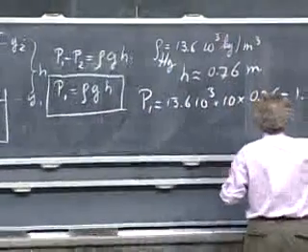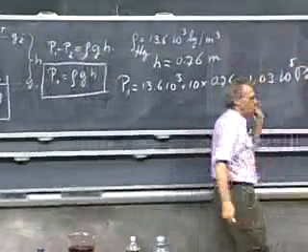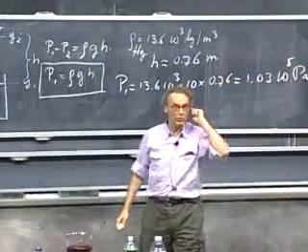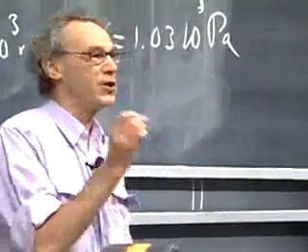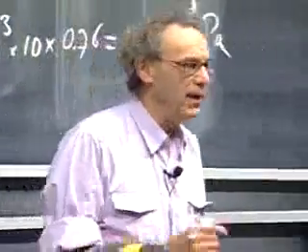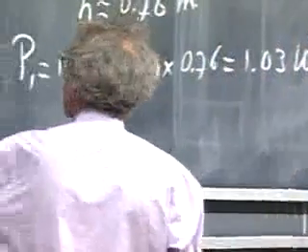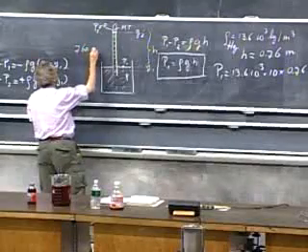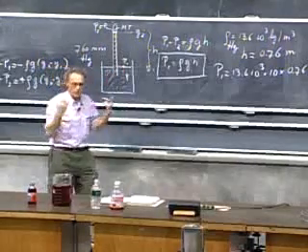And that is 1.03 times 10 to the fifth Pascal, which comes very close to the 1 kilogram force per square centimeter that I mentioned to you earlier. 1 atmosphere's pressure is defined in a very special way, in a very precise way, namely that it is exactly the pressure when the column here is 760 millimeters of mercury. Then we call the pressure here, that's the definition, 1 atmosphere.